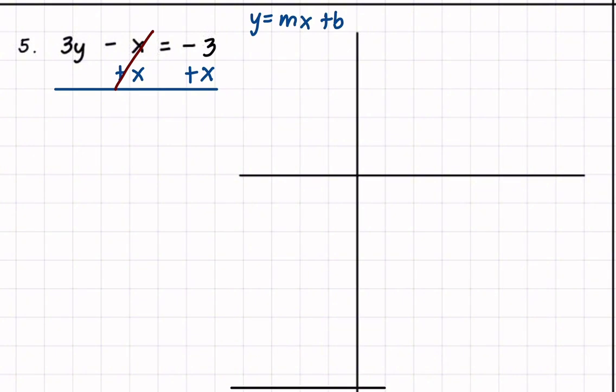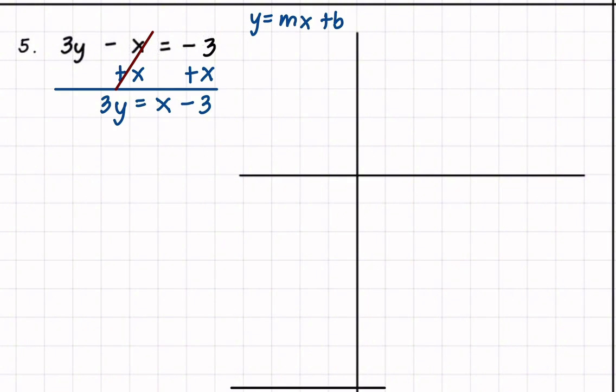So now we can cancel this and then bring down 3y. So we have 3y is equal to x, and since the sign of 3 is negative, we're going to put minus 3.